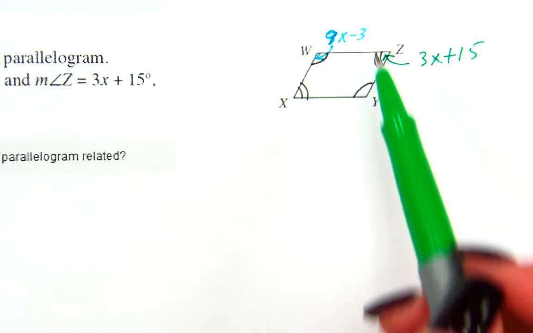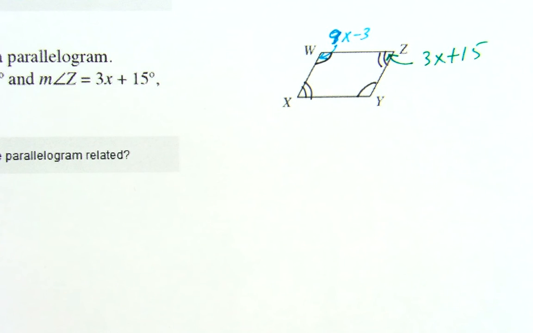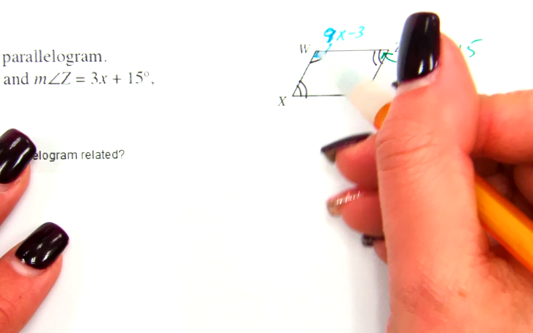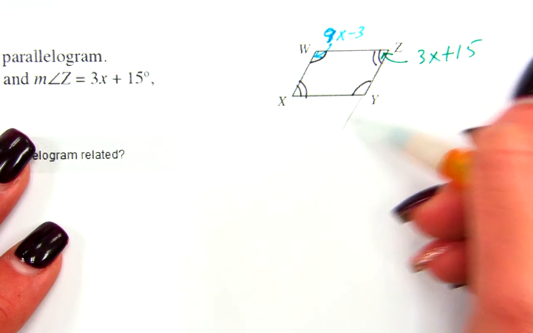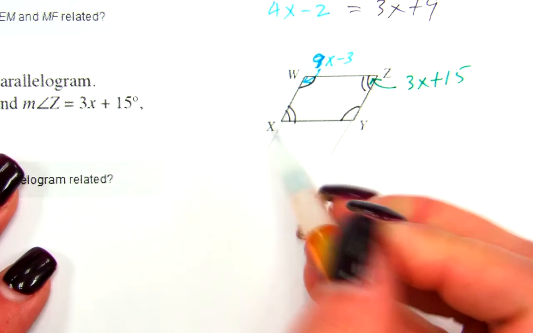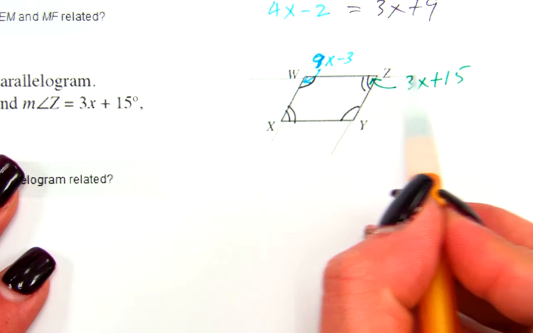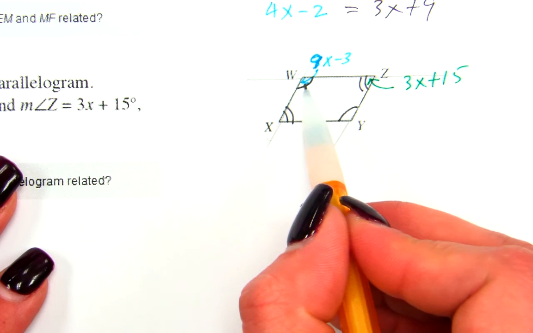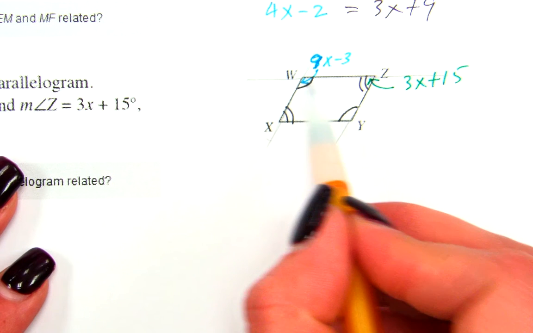What you can do, though, is remember the properties of parallel lines and transversals. Technically, since these are 2 parallel lines coming down this way, just like that, and you have a transversal that's cutting this way, these are technically same side interior angles.